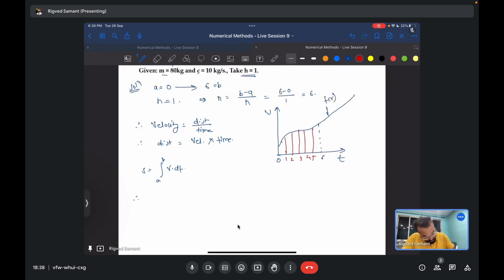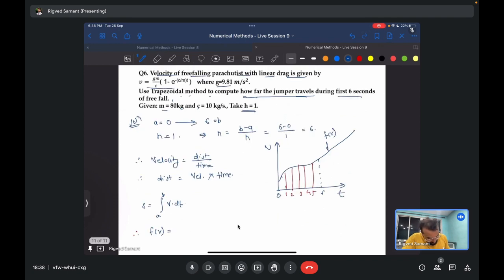So the function of v is g into m, so the g value is 9.81 into m is 80, divided by c, which is 10, times 1 minus e raised to minus c by m, that is 10 by 80, into t.